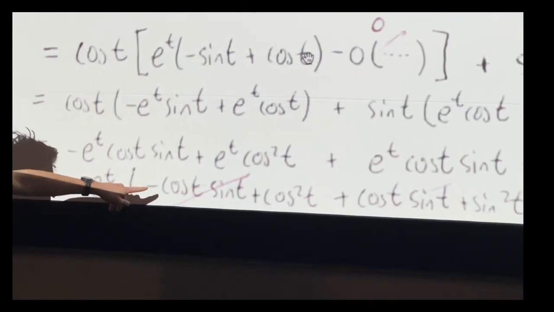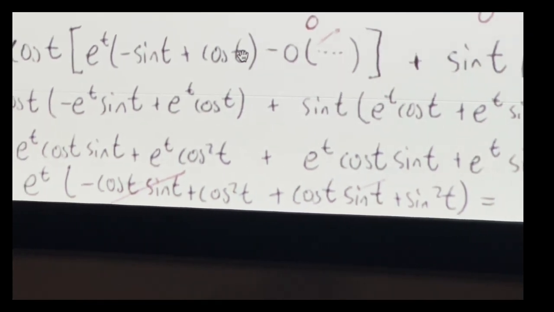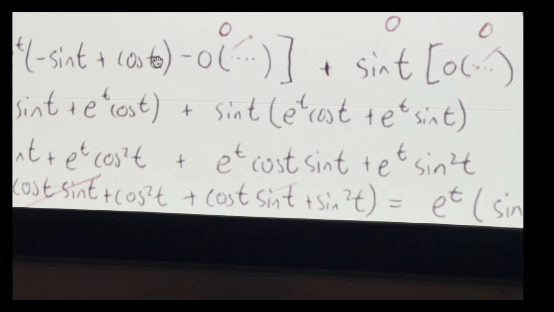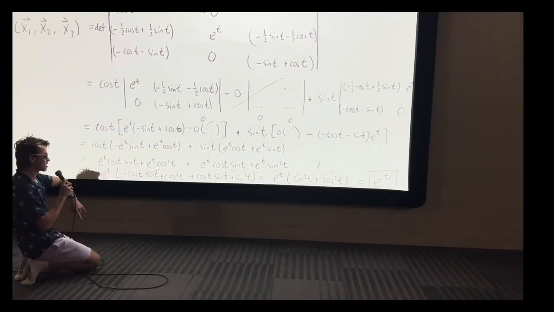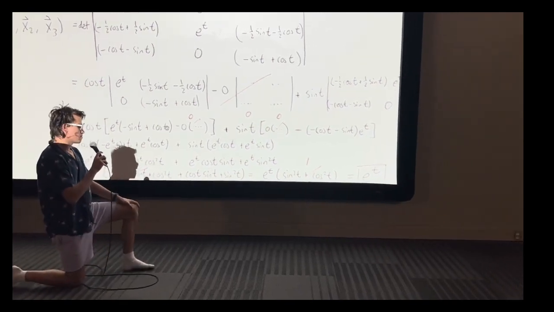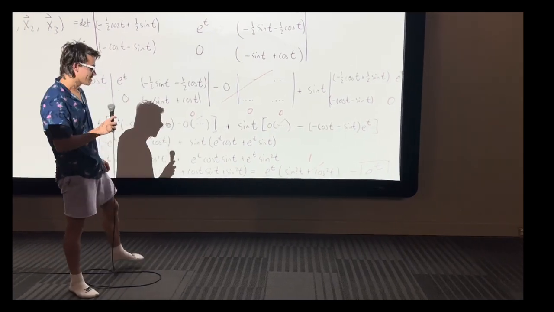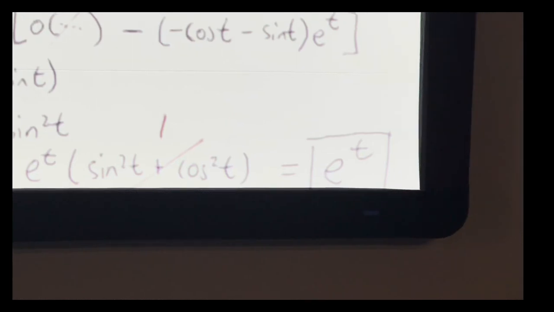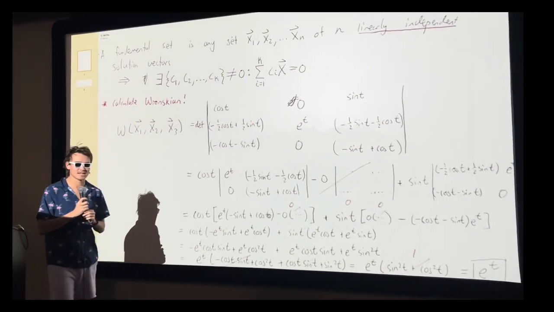We get e to the t times negative cosine t sine t plus cosine squared t plus cosine t sine t plus sine squared t. The negative cosine t sine t will cancel out with a positive cosine t sine t, so we get e to the t multiplied by sine squared t plus cosine squared t. But that is just equal to 1. So overall, the determinant of this Wronskian of x1, x2, x3 is e to the t.